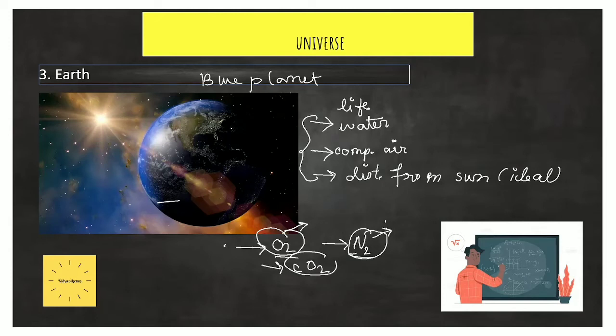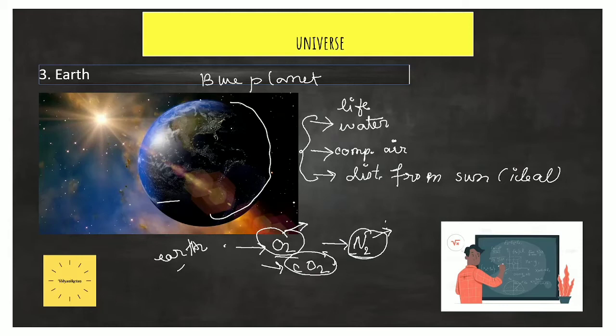Okay, and why is CO2 required? The right amount of CO2 is required to maintain some amount of heat that is required for the existence of life. Because if there is no CO2 in the atmosphere, then the earth will be tremendously cold at night. So at that time, how can living beings survive?